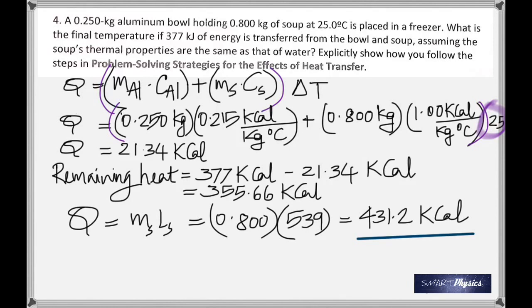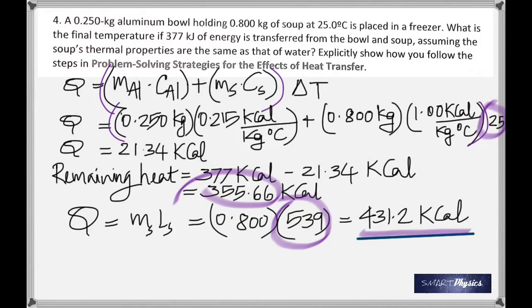And I want to show you that the remaining amount of heat is not enough for the whole soup to be frozen, because the latent heat of water and that of soup is 539 kilocalories per kilogram. And if you had to freeze the entire soup, you would need this much of heat, which is not available. You didn't remove that much.